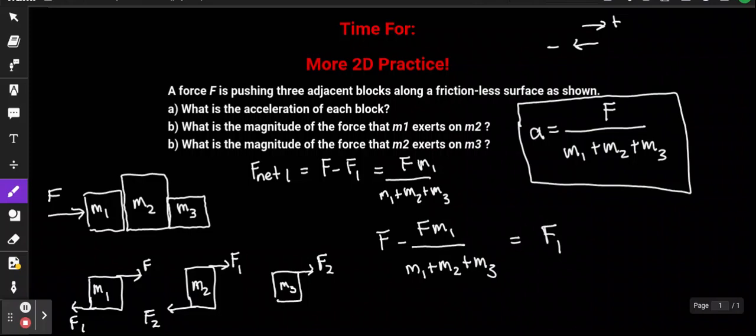I'm not going to go over how we simplify this, but when we simplify this equation on the left side, we should get F times M2 plus M3 divided by M1 plus M2 plus M3 as our F1 equation.